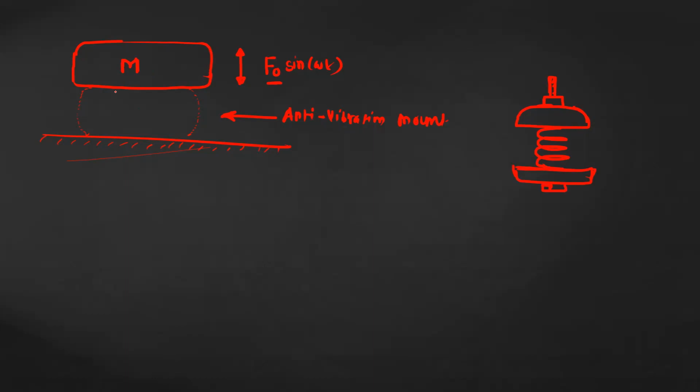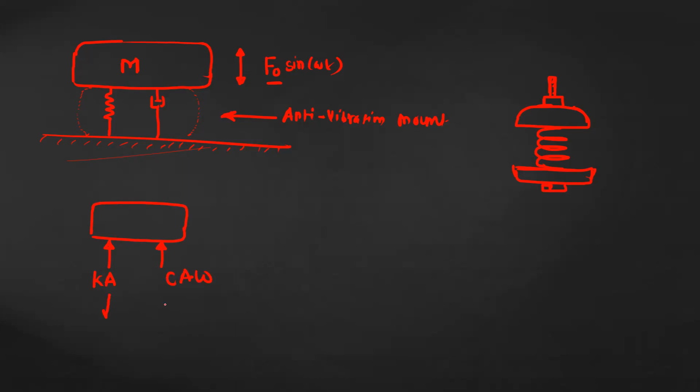Schematically we can represent this anti-vibration mount like this: a spring and damper. Now if you draw the free body diagram for the machine, there are two forces which are common to the machine and this foundation. That is the spring force, which is Ka, and second is the damping force, which is Ca omega. I have written the maximum value.